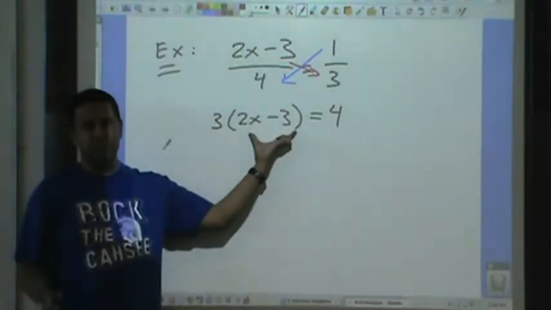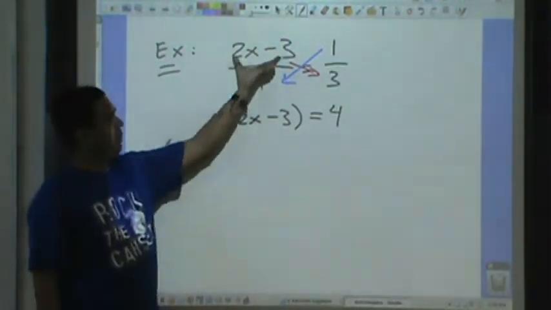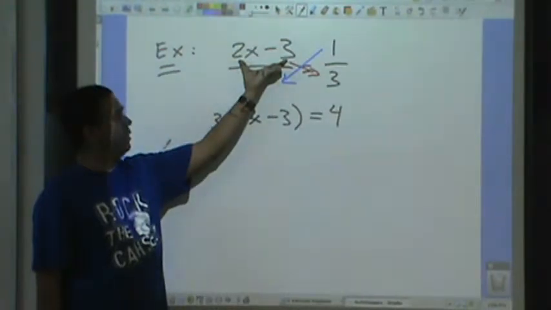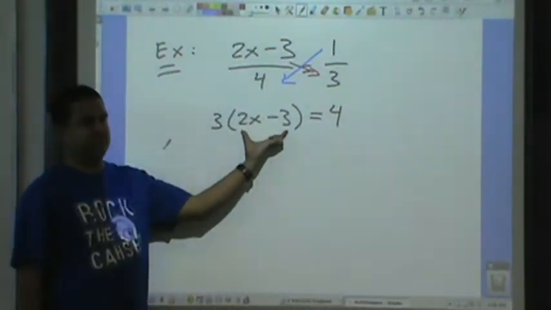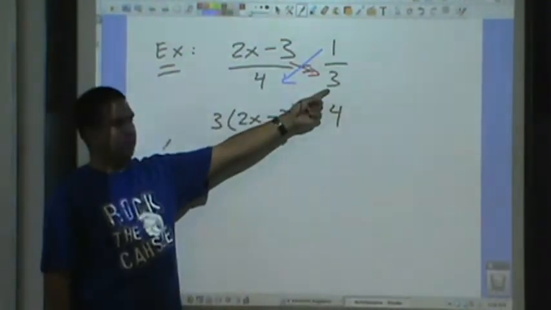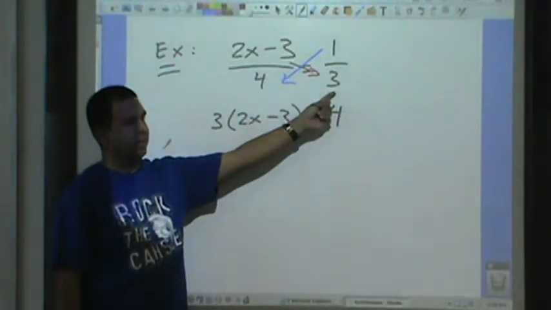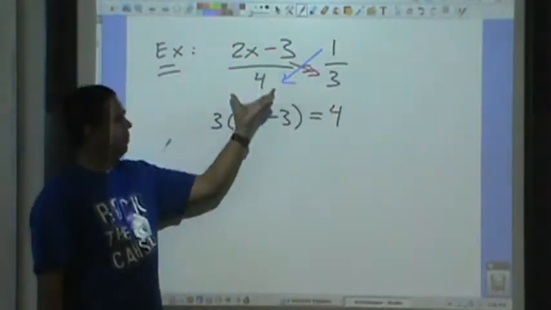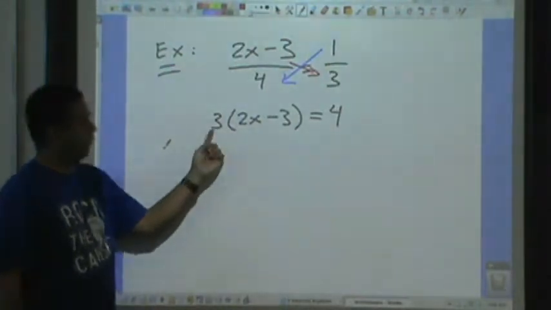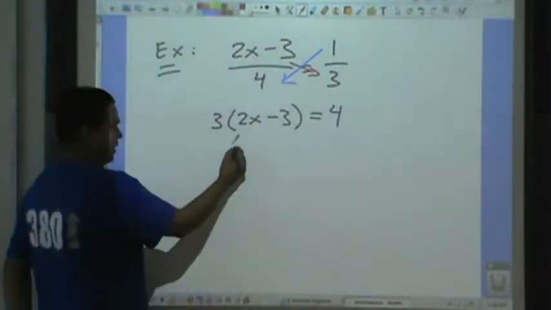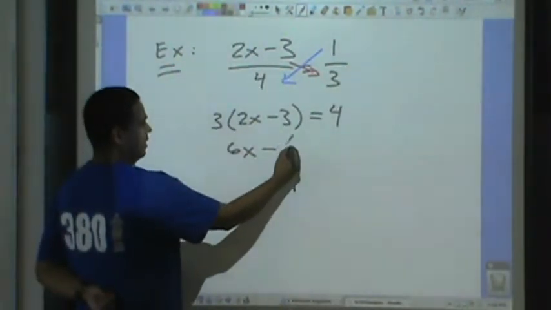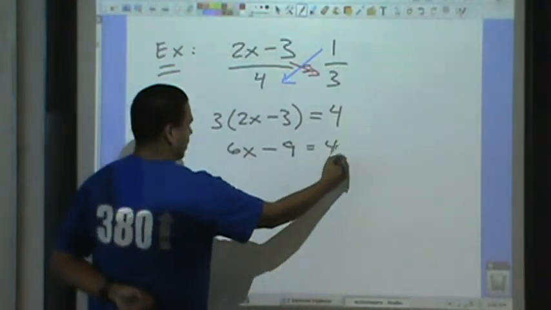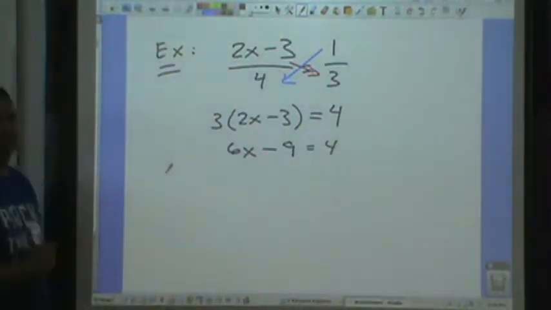Okay, notice I use parentheses. I put that 2x minus 3 in parentheses, because you're going to have to distribute. When you multiply diagonally, you multiply everything. So 3 times 2, 6x, minus 9, equals 4. Then what's the next step?